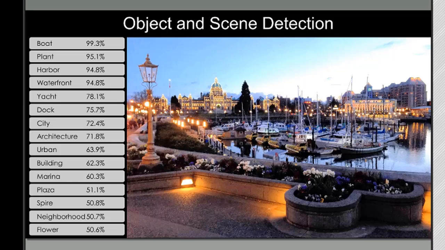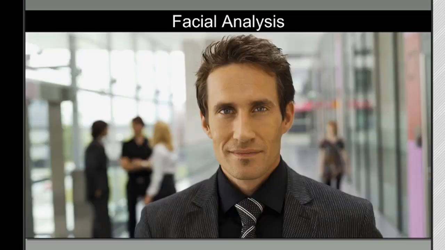So in this case, you can see the boat, plant, harbor, waterfront. These are examples of labels that are detected, objects that are detected within this image, and then you can see the associated confidence score. We also include things like architecture, concepts, urban, objects and scenes as well, like neighborhood. And so these are higher concepts as well as specific objects in the image.